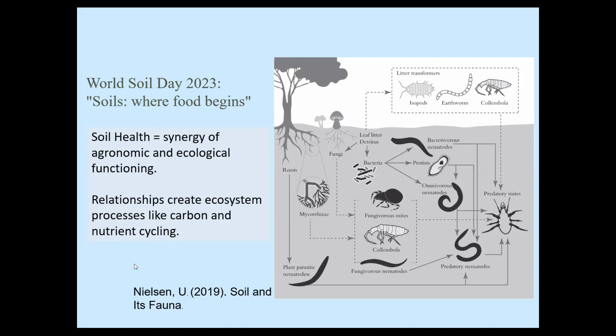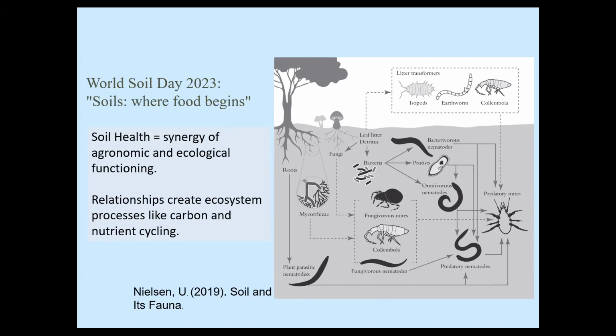In this diagram on the right, we can see a lot of interactions going on. This is perhaps a more natural ecosystem where we have a tree with roots, but this could also be an orchard or a farm with crops. Those roots might be fed on by plant parasitic nematodes, and those would be eaten by predatory nematodes and predatory mites.